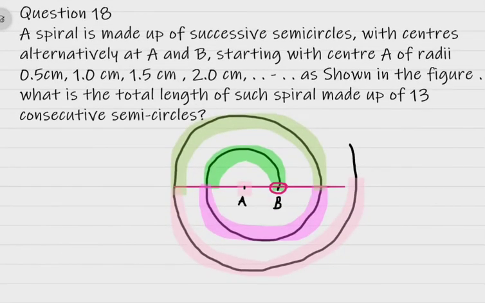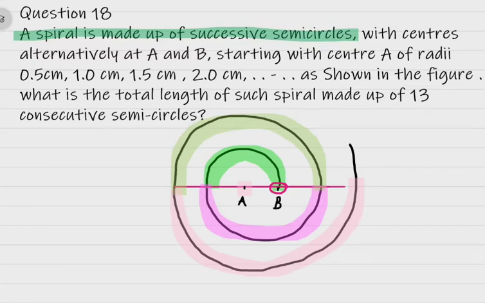A spiral is made. How is the spiral made? See, let us see. A spiral is made up of successive semicircles. You can see, children, I have shown the semicircles in different colors: one semicircle in green, one in pink, and then light green, and then light pink.